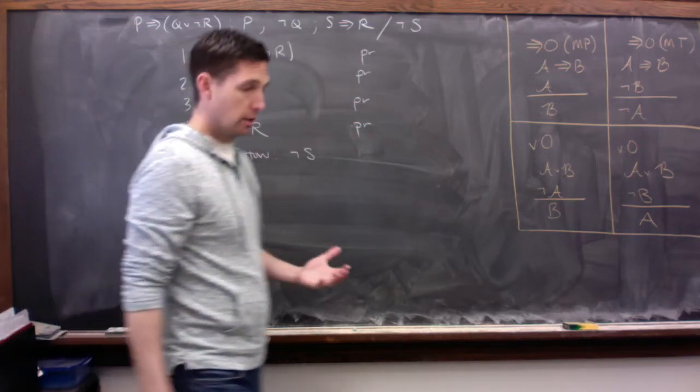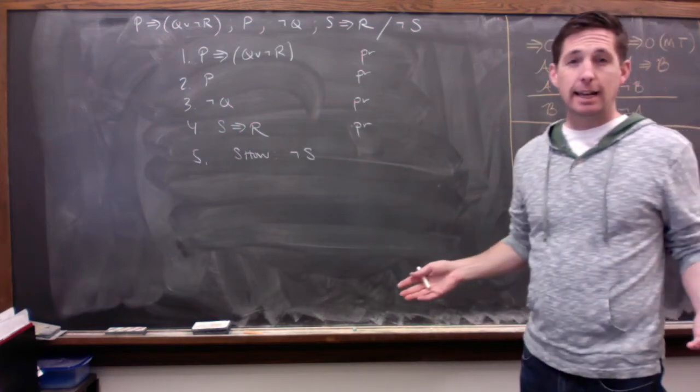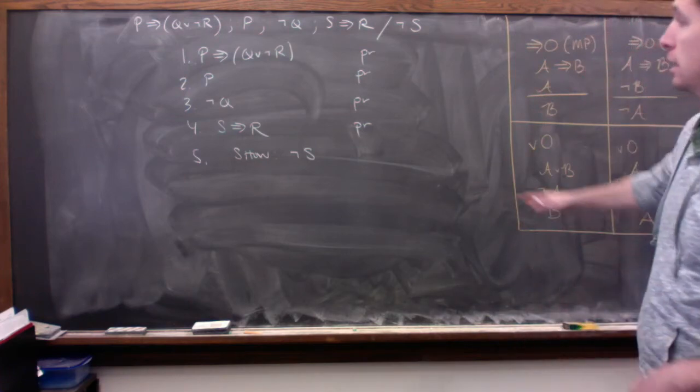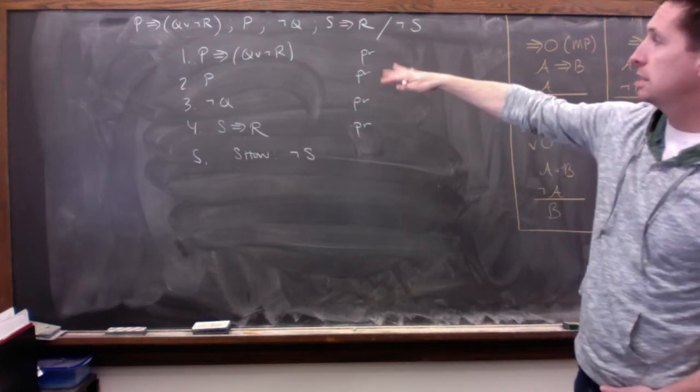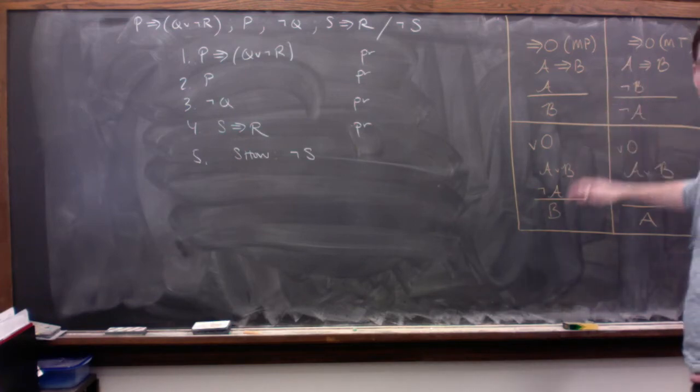Okay, so now we've got these 4 premises. We're trying to get not S. You might not see exactly how to get there, but the way you want to attack this is to look and see the patterns you have in your premises and see if any of those patterns allow you to apply any of these rules here.